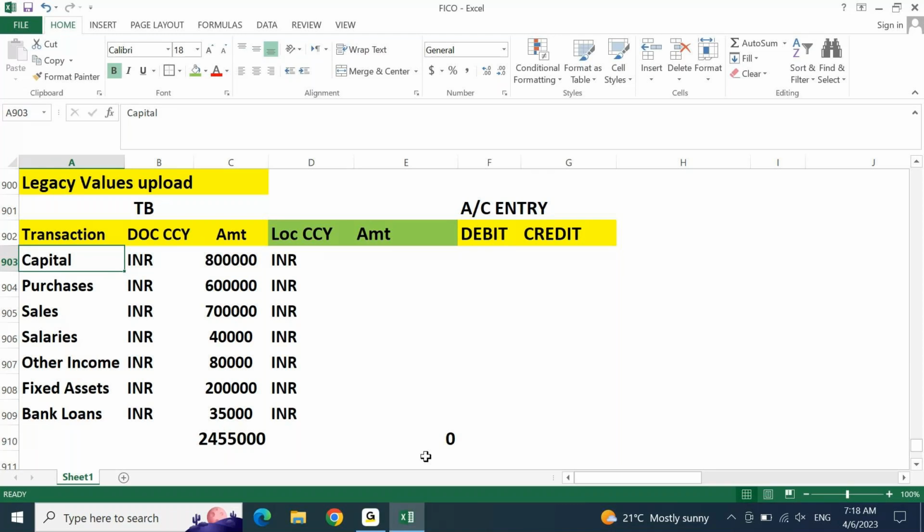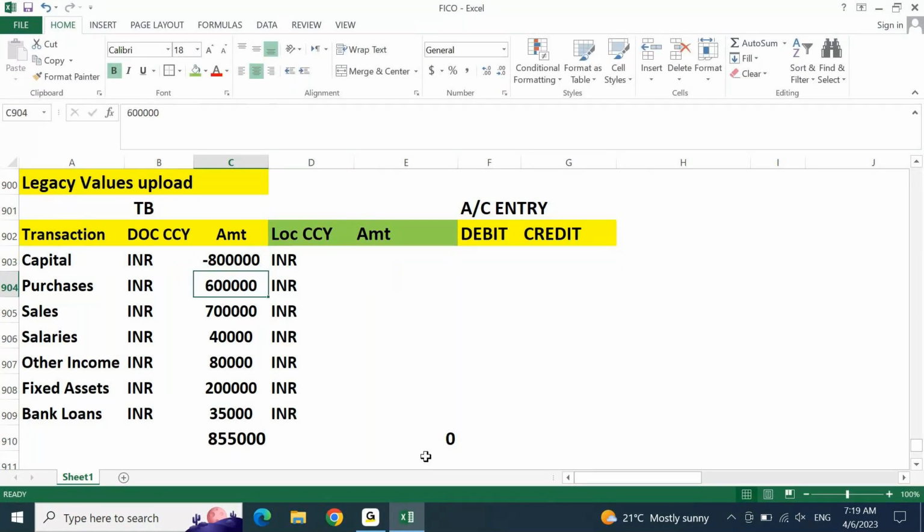The offsetting account will be different. Will capital show a positive or a negative number? Negative, because it is a liability. Liability always shows a negative number.